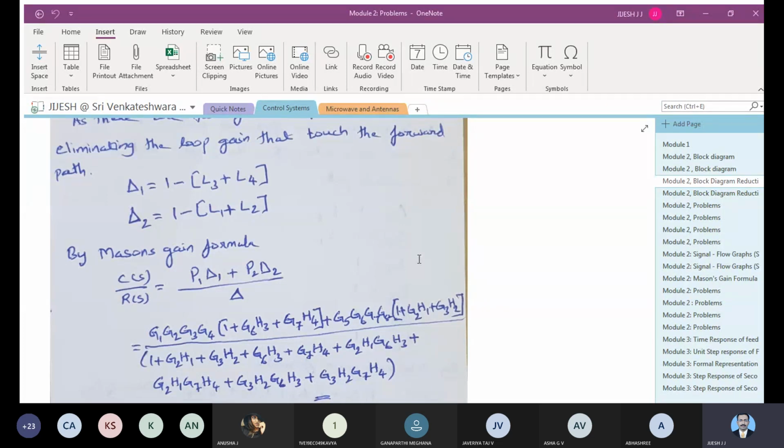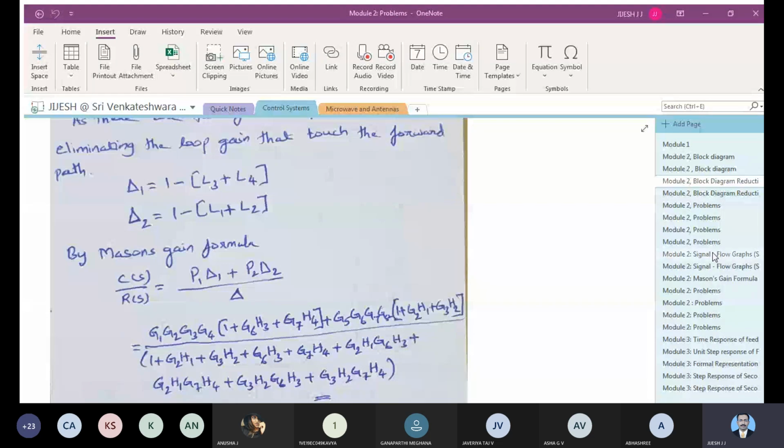Here, combining blocks in cascade: we have two blocks, G1 and G2. When they are in cascade, G1 and G2 can be written as G1G2. Then we also have to understand when the blocks are in parallel.